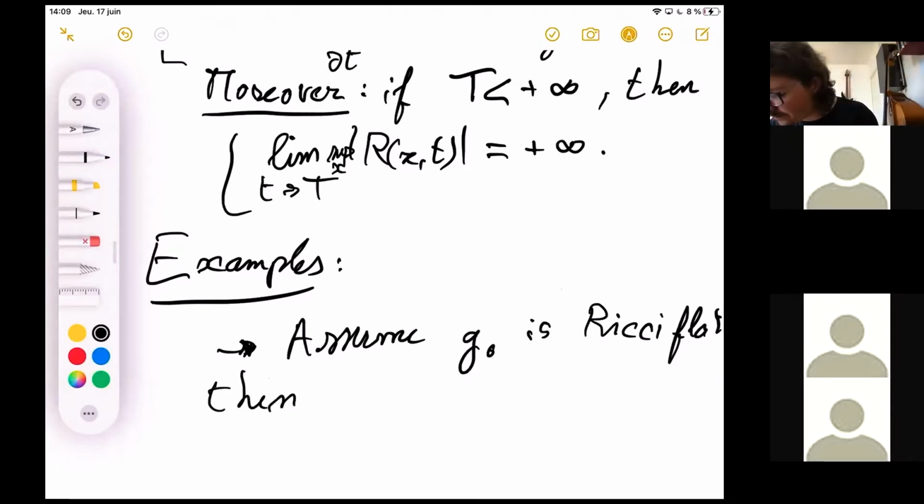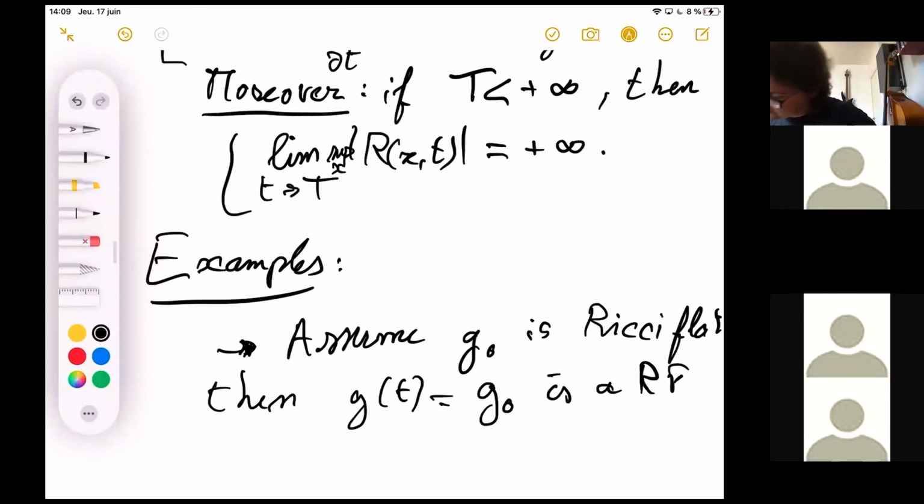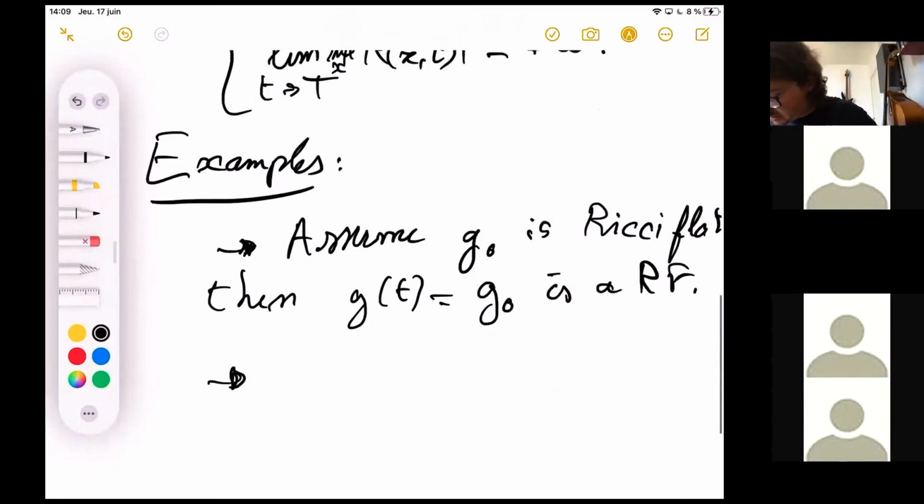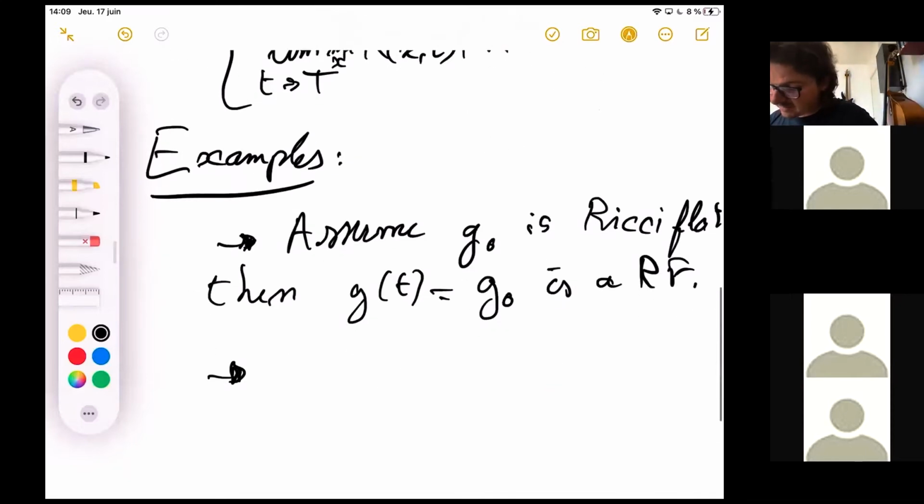Then we have a maximal solution, and it can actually be extended on all of R. So this is a solution. Ricci flat metrics correspond to some kind of fixed points of the Ricci flow.